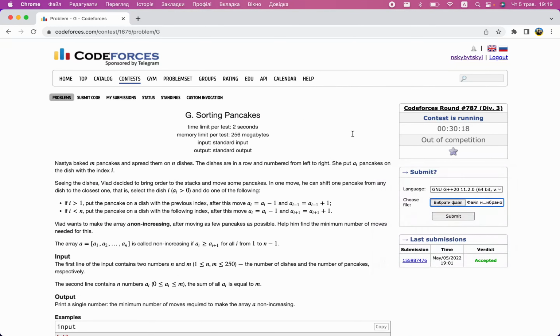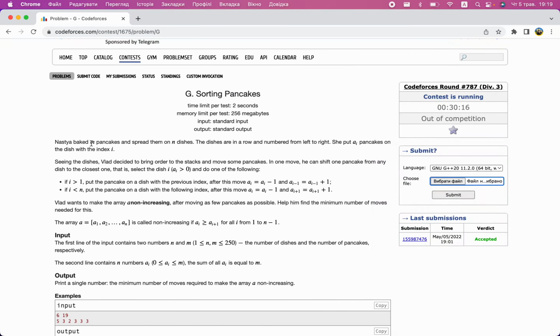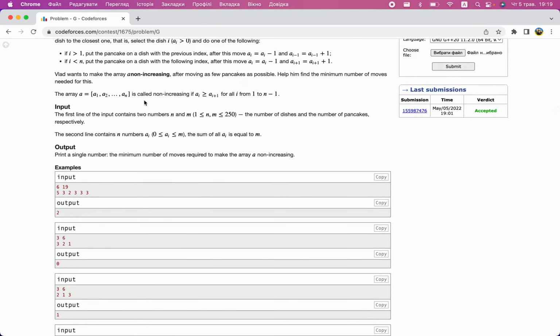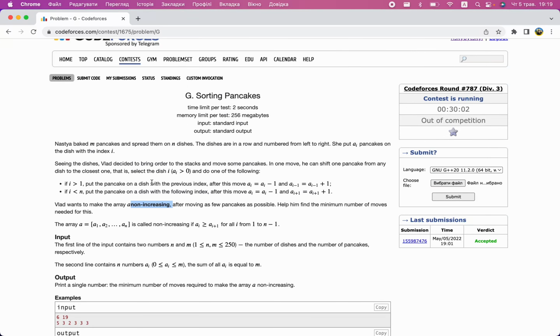In problem G, sorting pancakes, we had m pancakes and n dishes, and we wanted to sort them in non-increasing order, so each next dish has less than or equal number of pancakes. For this we were allowed to move one pancake to an adjacent dish in 1 unit of time.